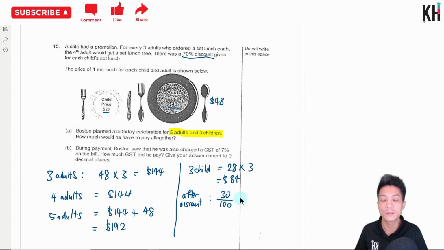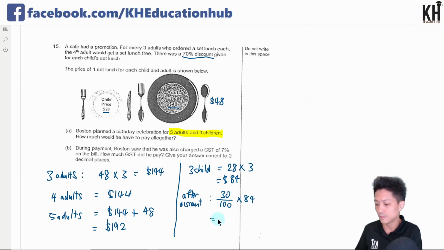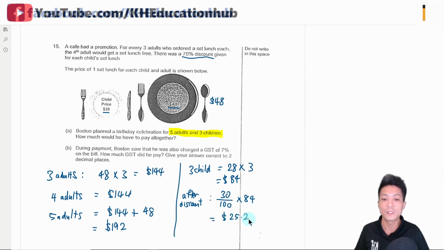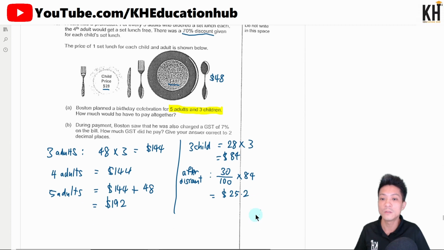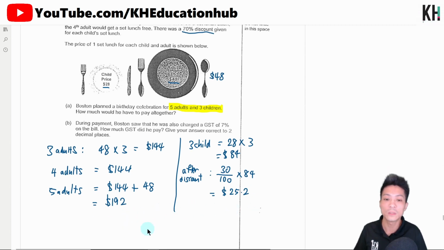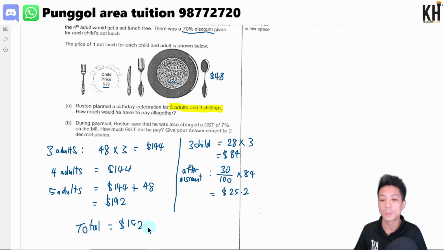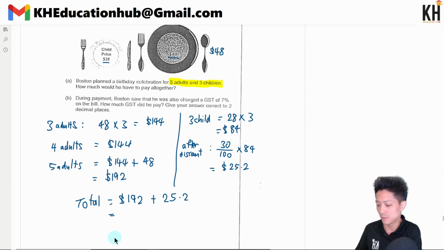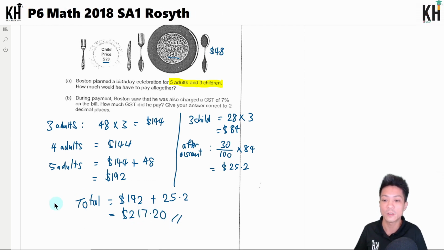So I will straight away find 30% times 84, and that will give me $25.20. So in order to find the total, okay, total is equals to 192 plus 25.2, and that will give me 217.20. This is the answer for part A.